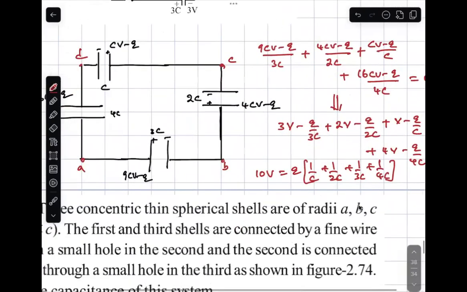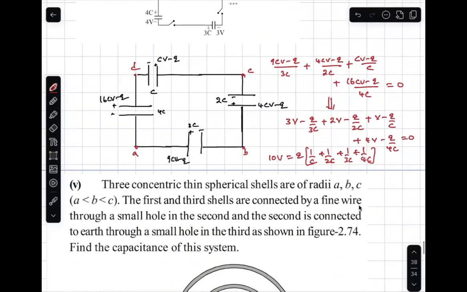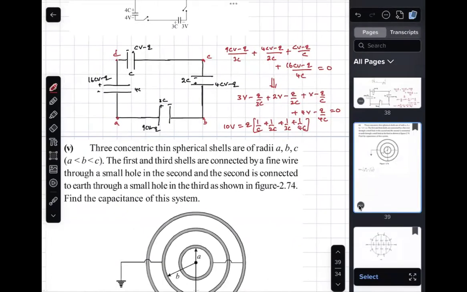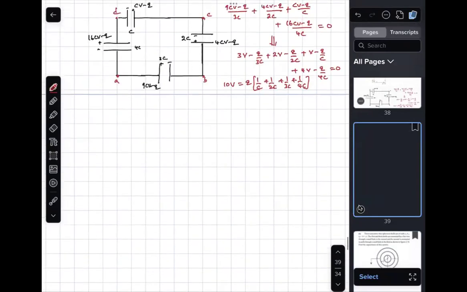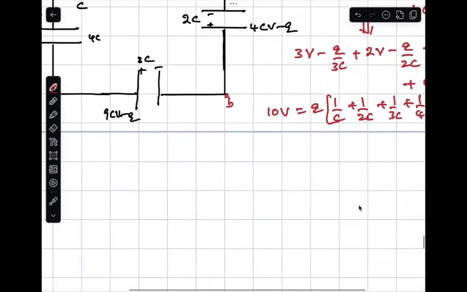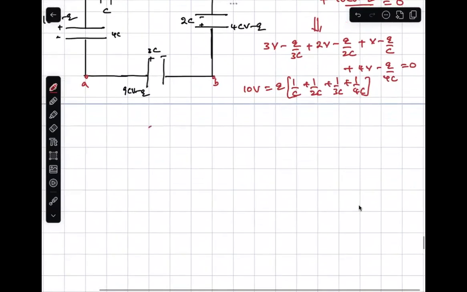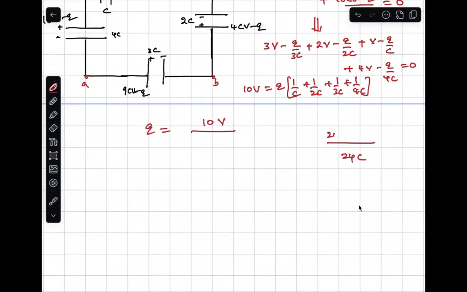Can you please help me in concluding that? So finally, from this, you have Q is equal to 10V by, what is the LCM of this? 24C. 24 plus 12 plus 8 plus 6, 30 plus 20, 50. One minute.